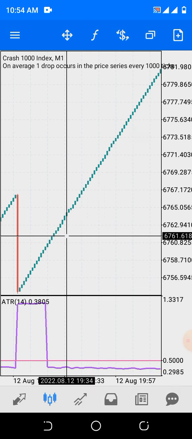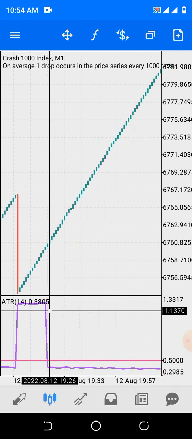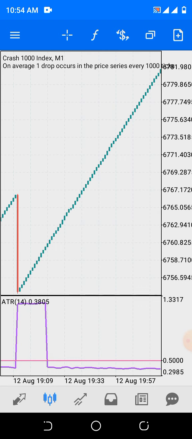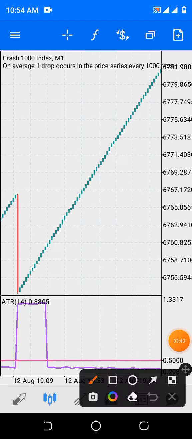Once you see this purple line cross this horizontal line here, you make your entry.